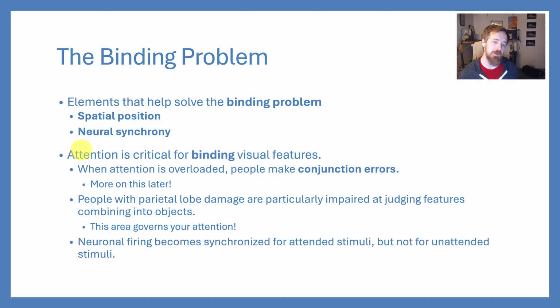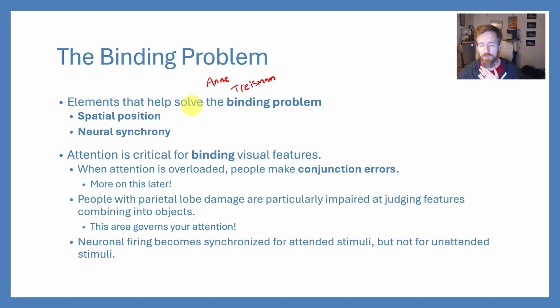And we know this because of some research that was done in the 80s by Anne Treisman. Anne Treisman is one of my very favorite cognitive psychologists. And she's no longer with us, but she did a lot of research on perception and attention, and she kind of cracked this problem by doing a bunch of experiments that shows that whenever there's a lot of visual information in front of you, or your attention is maxed out, you're more likely to make conjunction errors.